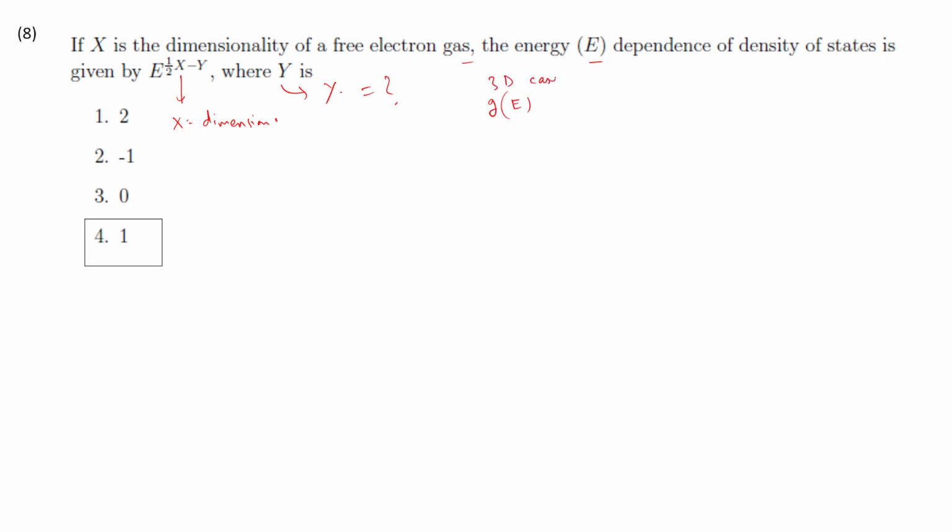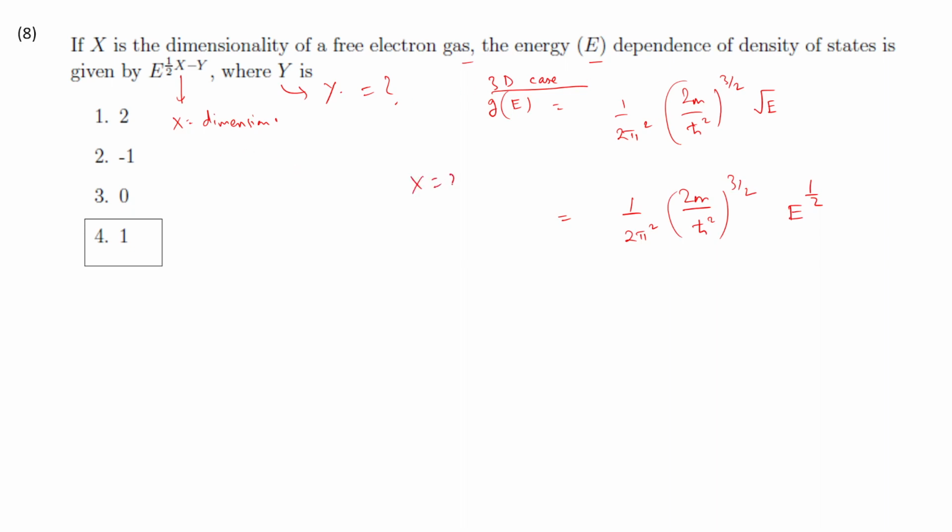For 3D case, we know that g(E) is equal to 1 over 2 pi square, 2m over h bar square whole 3 by 2, and square root of E. Okay, so we have to write it in this form. So this is 1 by 2 pi square, 2m over h bar square 3 by 2, E to the power 1 by 2.